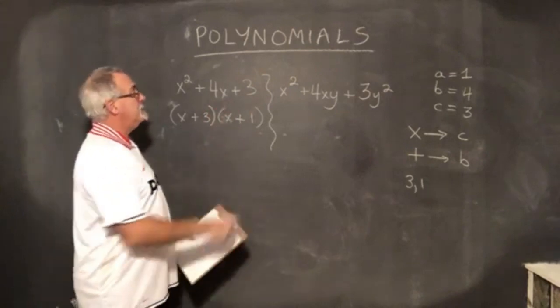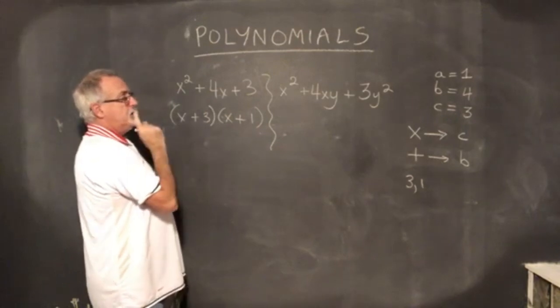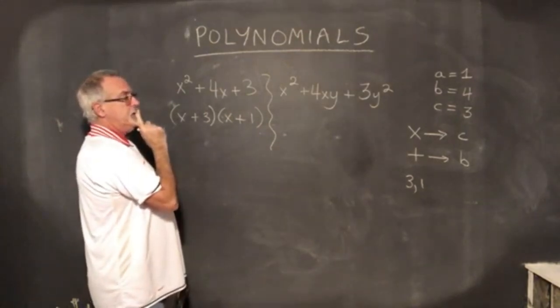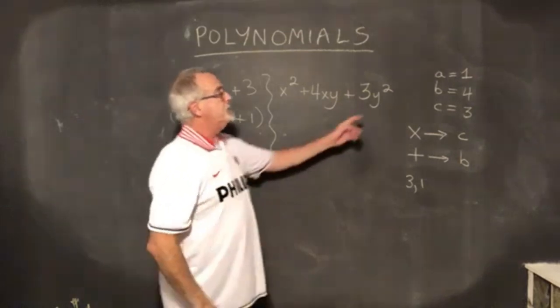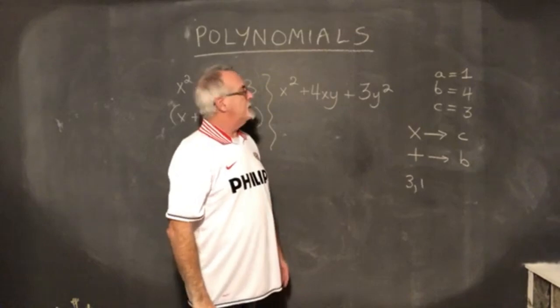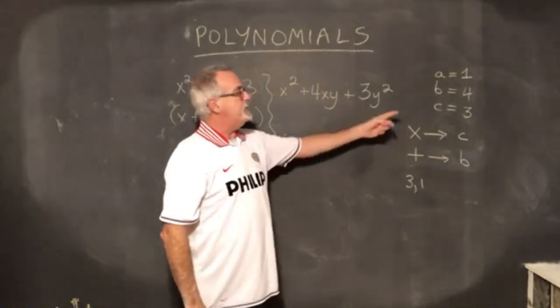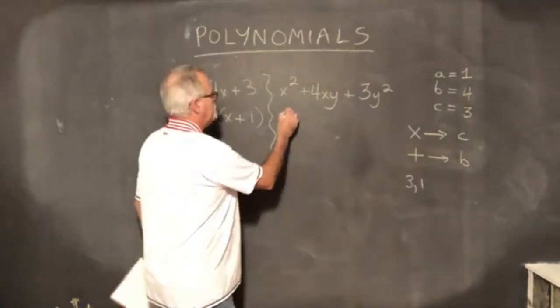All that's happened is we have this extra y squared here and an extra y in the middle. So, what else is interesting about this? When I asked the questions and do the ABC, I didn't have to erase, because the B is still 4 and the C is still 3, so this still applies, which means 3 and 1. So how am I going to do this?